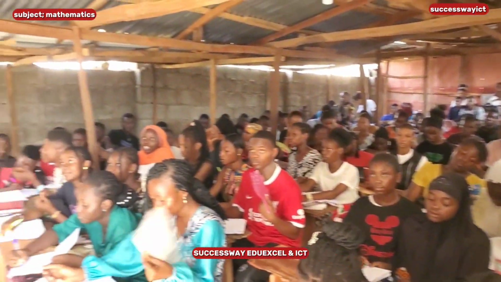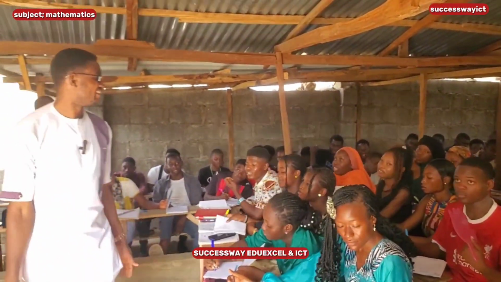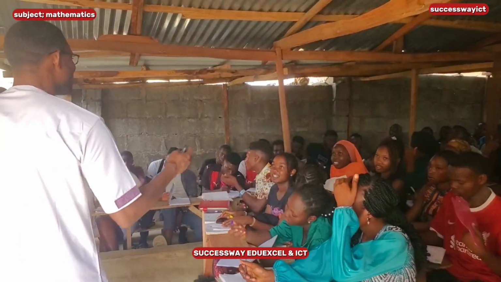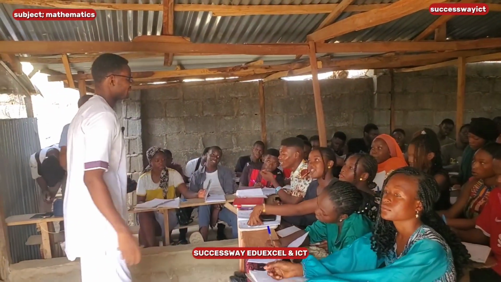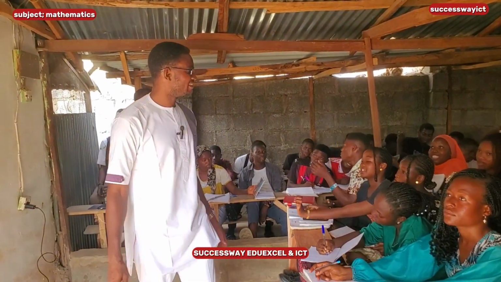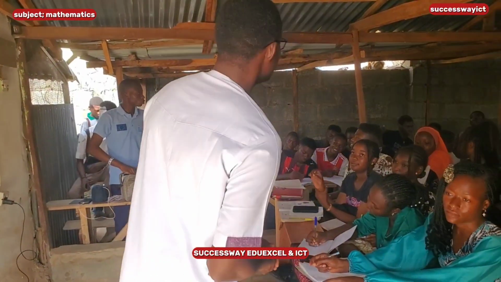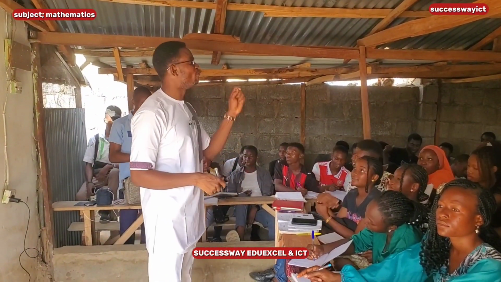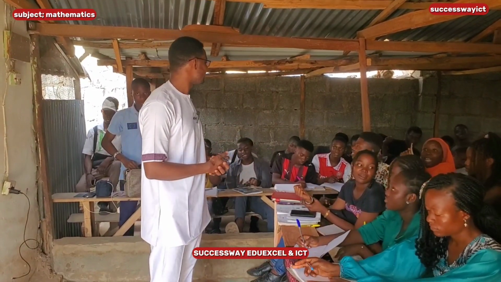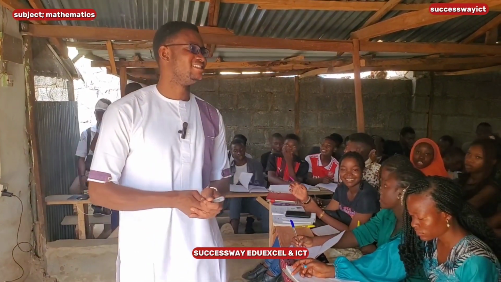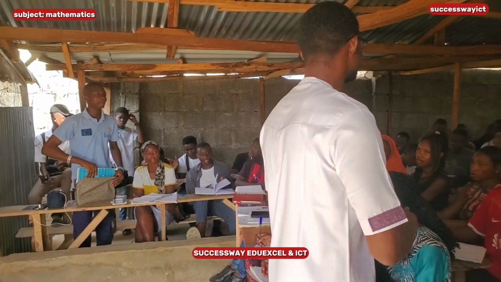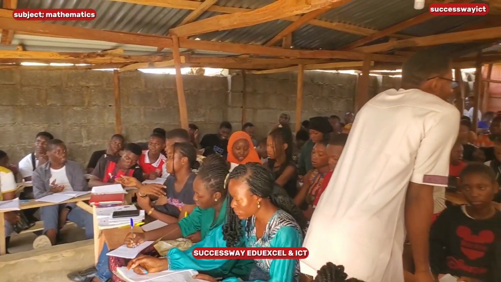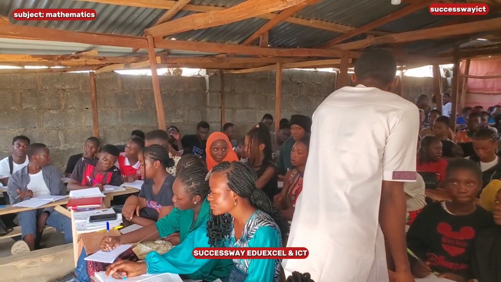Maths is both the queen and the king. Mathematics is both the queen and the king. Because even your English is formulated using mathematics. So maths is the ogbonge of them all. Have you finished?